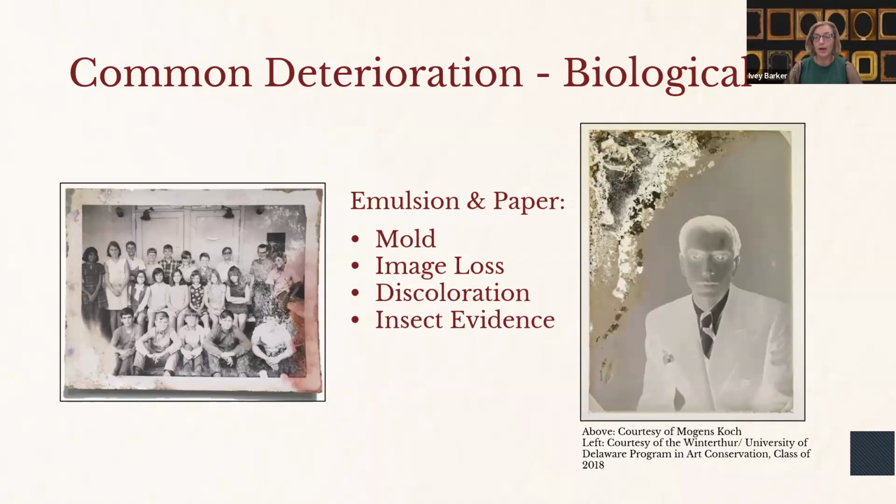Mostly that is due to environment or high humidity that can cause mold growth, leading to image loss or emulsion loss, discoloration, and sometimes insect infestations can leave evidence of holes or additional losses. These should be set aside and assessed in a meaningful manner, ideally isolated away from other collections that don't present these types of damage issues. Next.